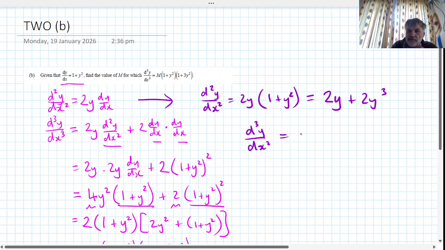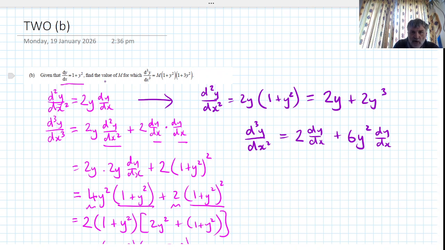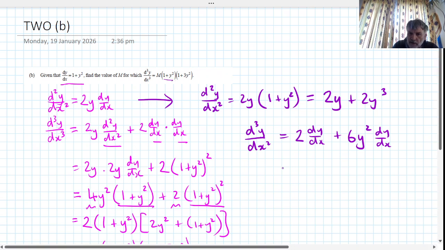We differentiate this. So you get 2y goes to 1 times dy by dx plus 3 2's are 6 y squared, and then times dy by dx. Now this dy by dx is a common factor, as is the 2, but dy by dx is 1 plus y squared, which is one of the things we want up here.